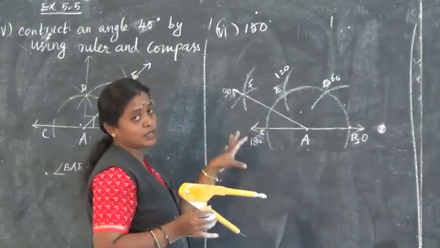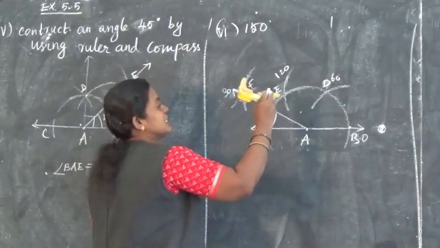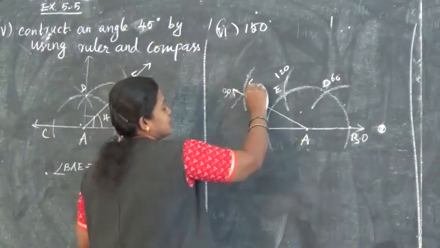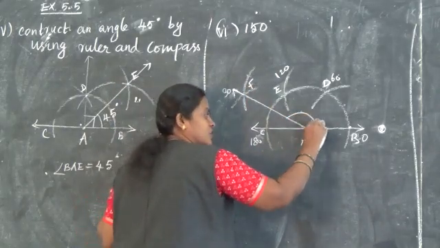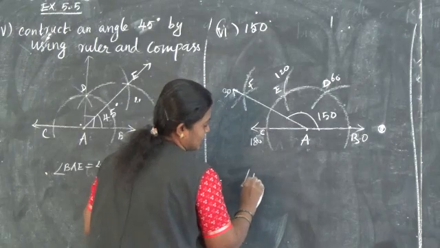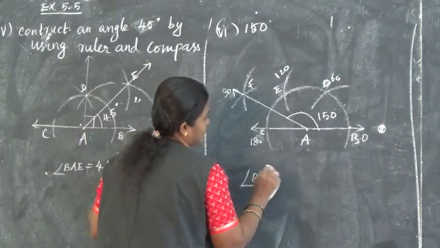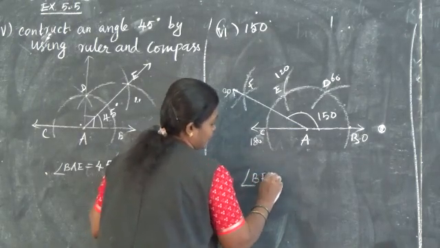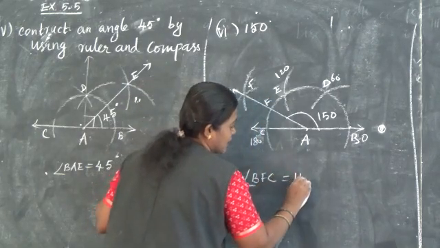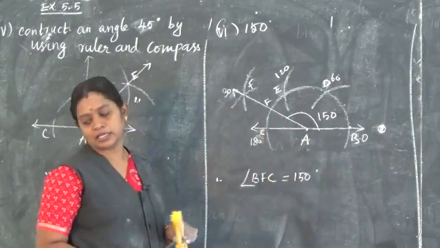That same measurement we are following now. E as a center, draw arc. C as a center, draw one more arc. It cuts at F. What is the angle? 150 degree. So angle BFC equal to 150 degree.